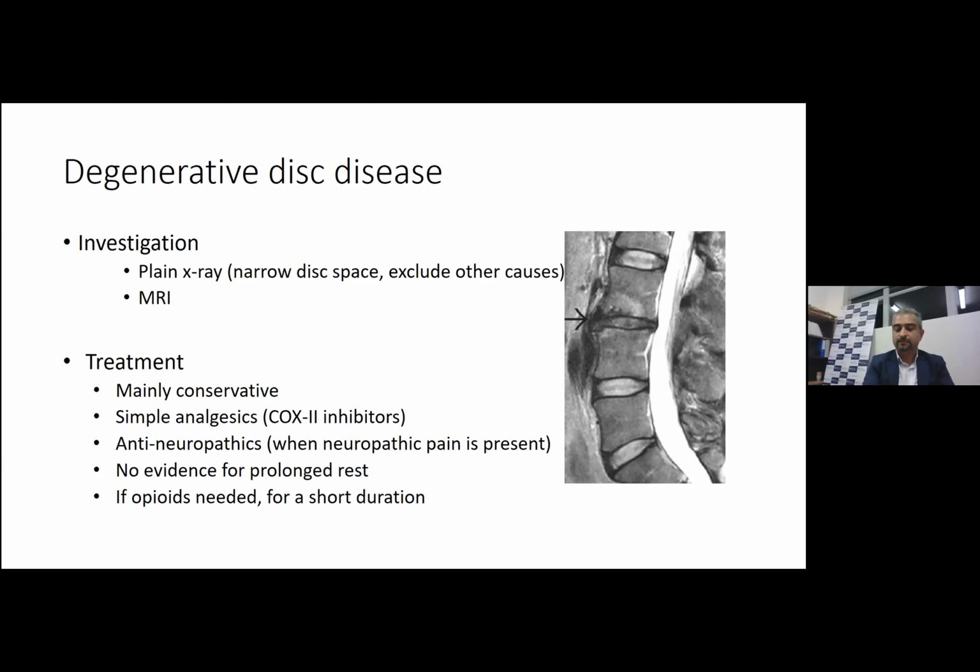Anti-inflammatories are very helpful, especially for the muscle spasm. And if you think that there are some features of nerve irritation, a short-term anti-neuropathic can be helpful. Certainly, I don't recommend any long-term rest, maybe a couple of days, but I would tell them to just carry on as normal.